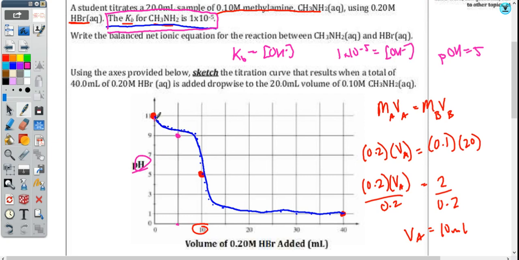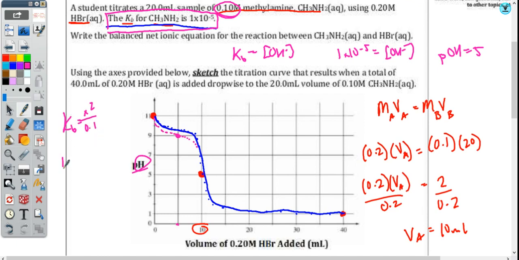So there are some things that I can do to make this sketch a little truer to what it's going to be. I know that I have a 0.1 molar weak base, and it is a 20 mL sample. So I know the concentration. So I can do one of those Kb equals x squared over initial concentration kind of things if I want to.